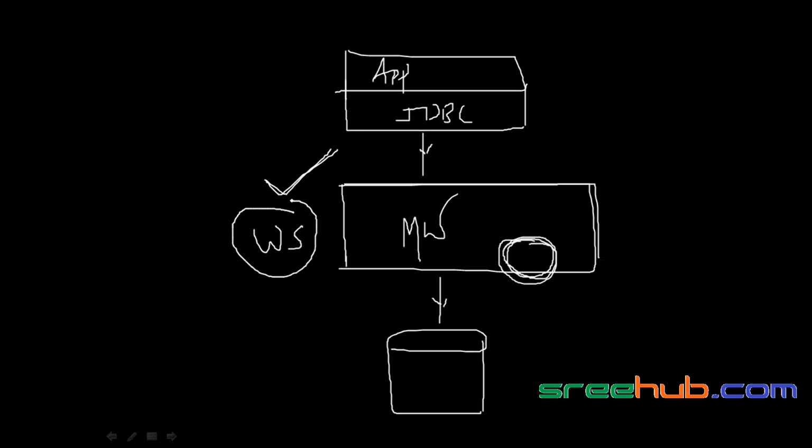Whenever you are requesting this, internally it will be using either a type 1, type 2 or type 4 driver in order to communicate. That is what a middleware driver is. It is not an actual driver, but it will be using one of them. If it is using one, obviously this is not optimized. If it is using type 4, yes, you can use this middleware as a web application driver. But why we have this driver is, this is completely server based.